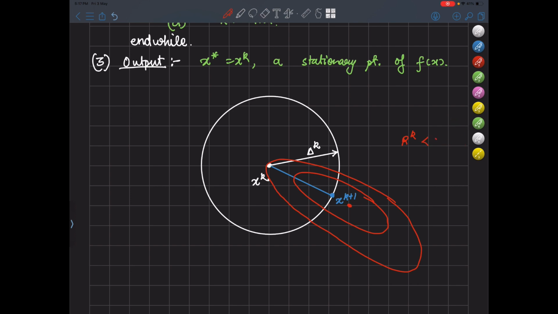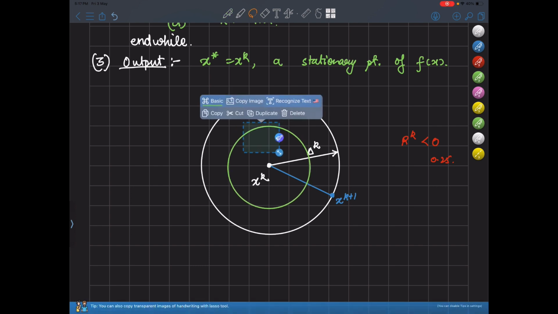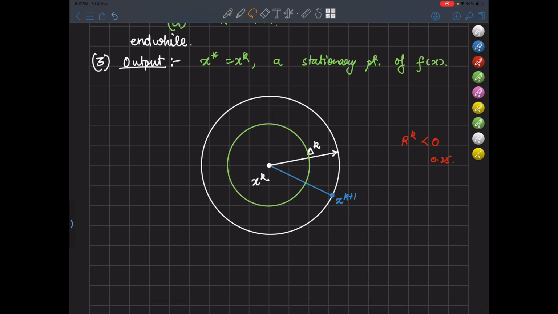Now let's say we got this xk plus 1, but now rk is less than 0, so rk is also less than 0.25. So we'll reduce the region of trust here. This is delta k plus 1.